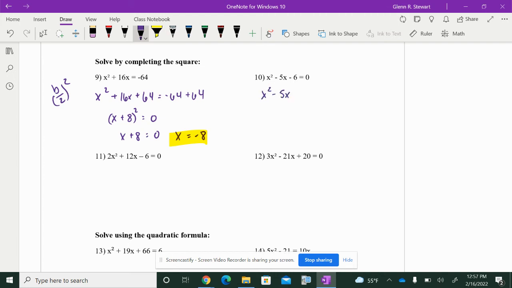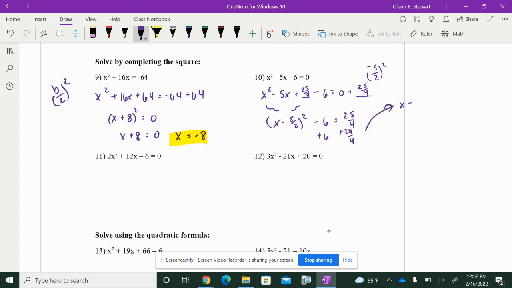Here I am going to have a fraction. So negative 5 over 2 squared gives me the 25 over 4. So now this all comes down into making x minus 5 over 2 squared minus 6, which is 25 over 4. If I add 6, it's like adding 24 over 4.